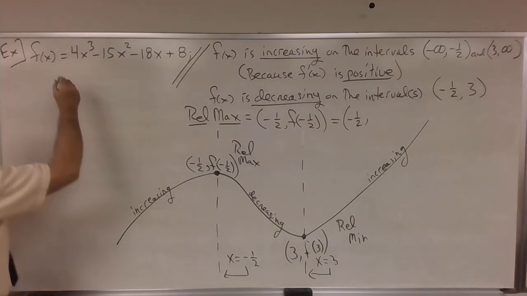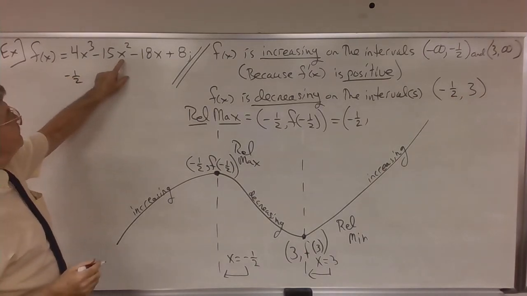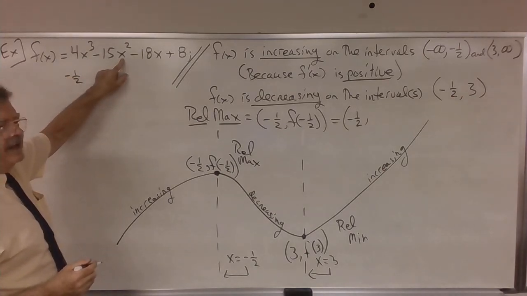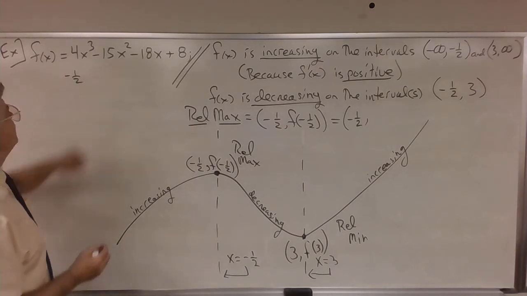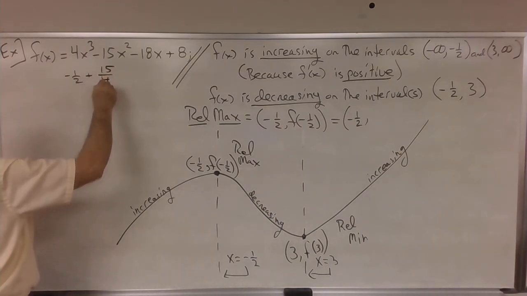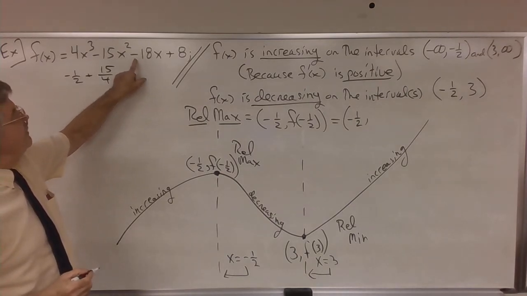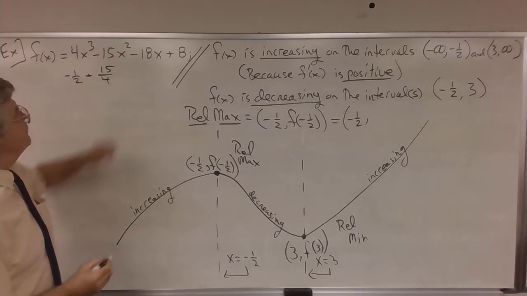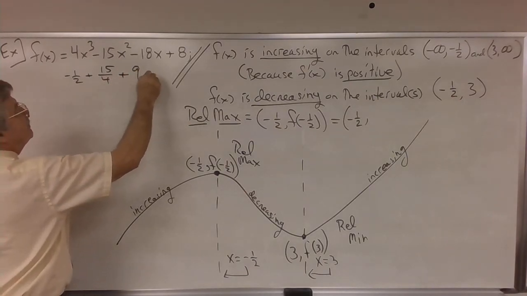Times 4 is -0.5. If I have -0.5 and I square it, that's -1/4. Times -15 is +15/4. -0.5 times -18, that's +9, I hope, plus 8.